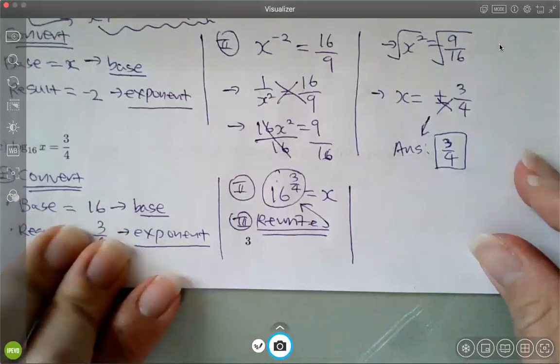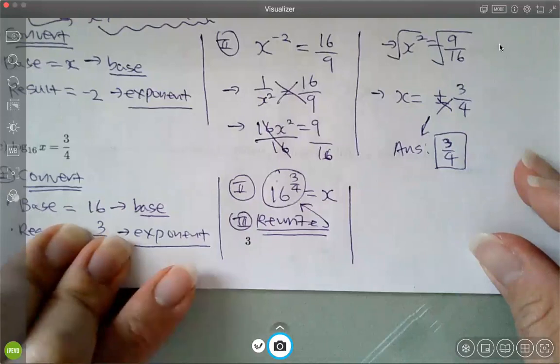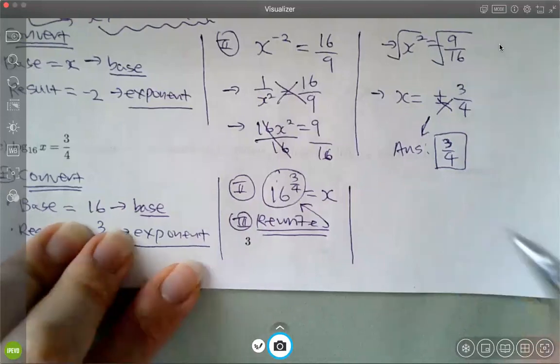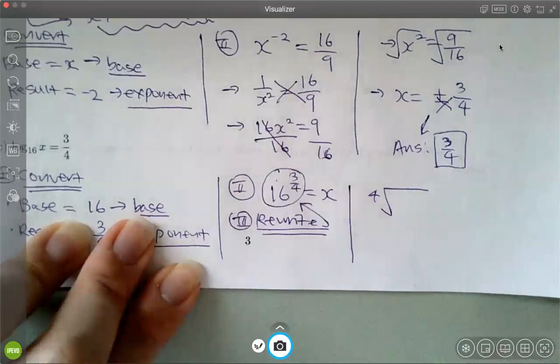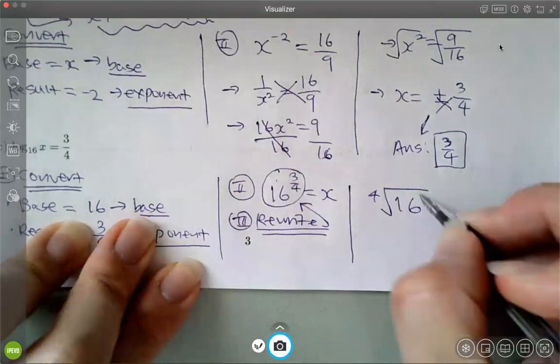And what kind of root do we have? Cube root or fourth root? Fourth root, right? And what do we have under this fourth root? 16 to the power 3, right?